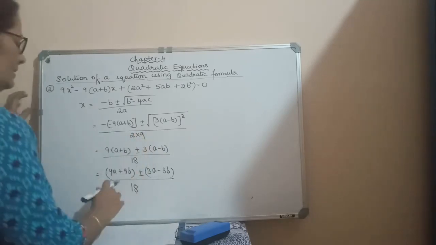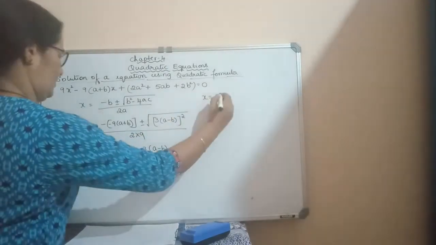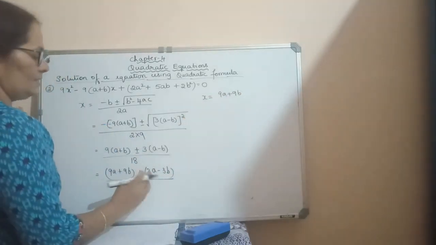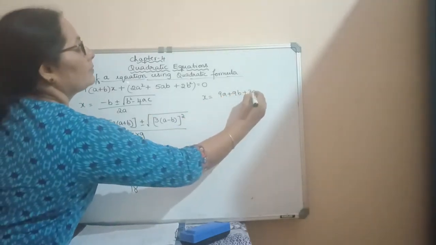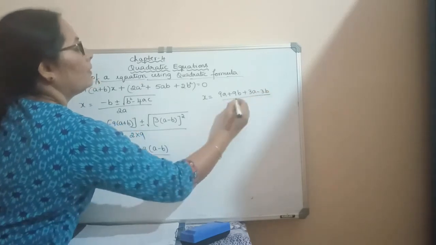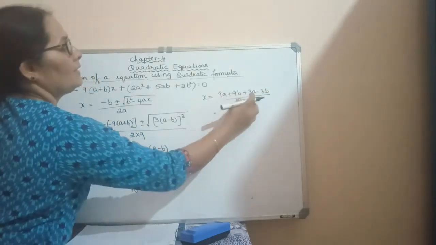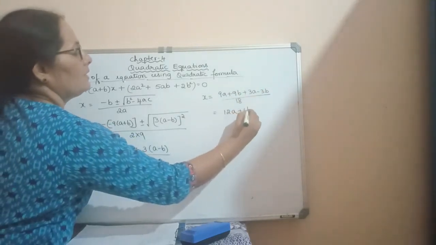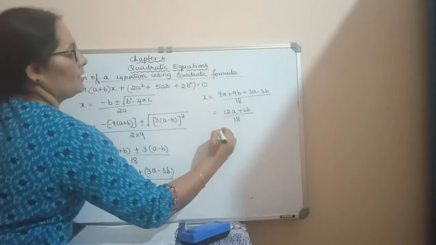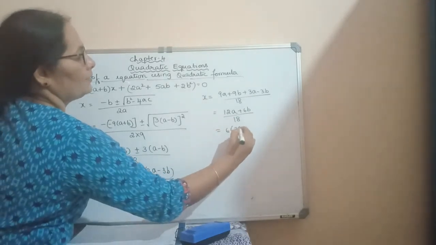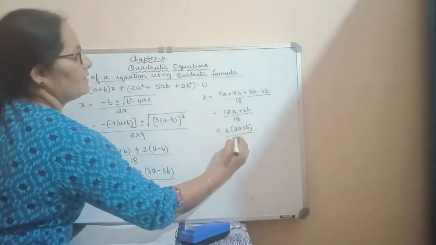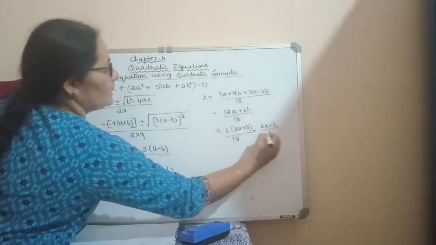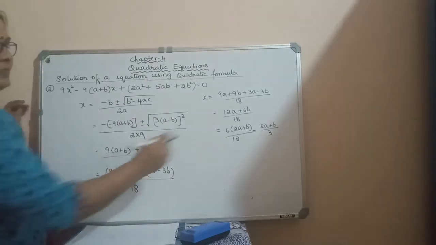Now we simplify this. So x equals to 9a plus 9b, then plus 3a minus 3b divided by 18. So which is 9a plus 3a is 12a, 9b minus 3b 6b by 18. Take 6 as common, 2a plus b by 18. So which is 2a plus b by 3. 6 3s are 18. This is one of the solution.